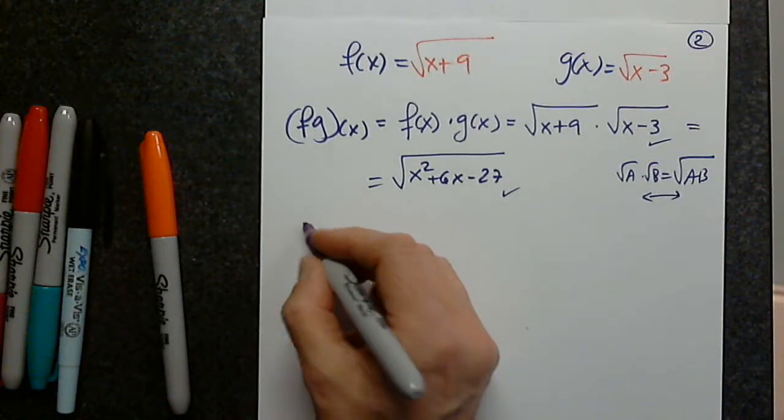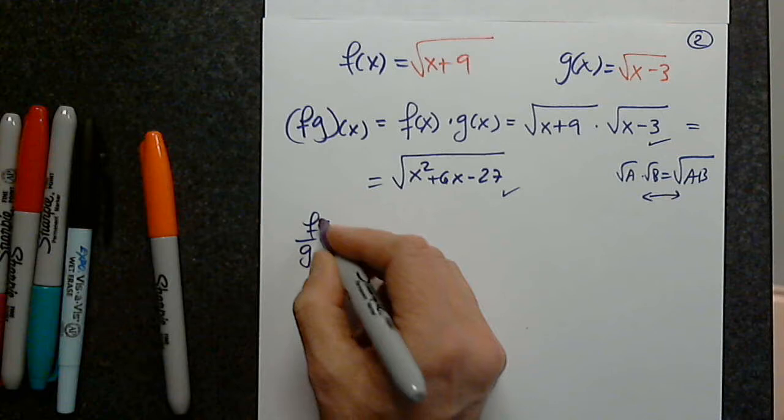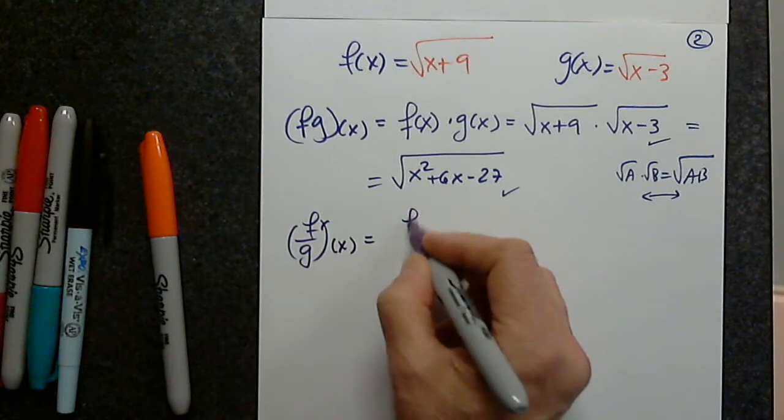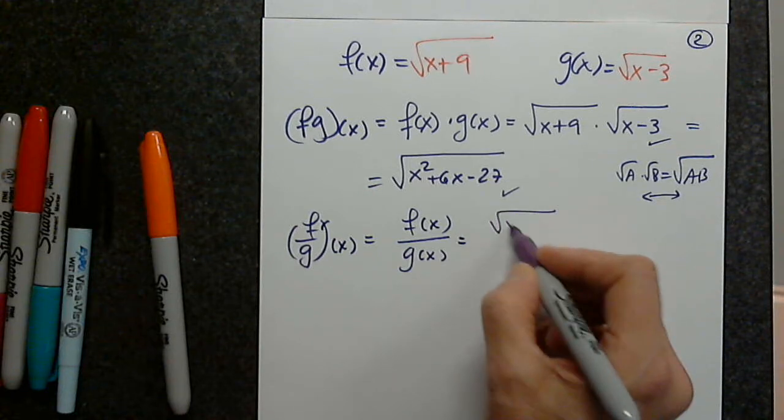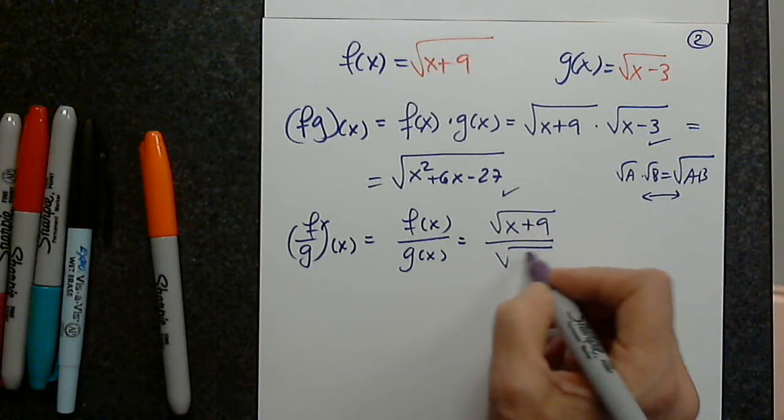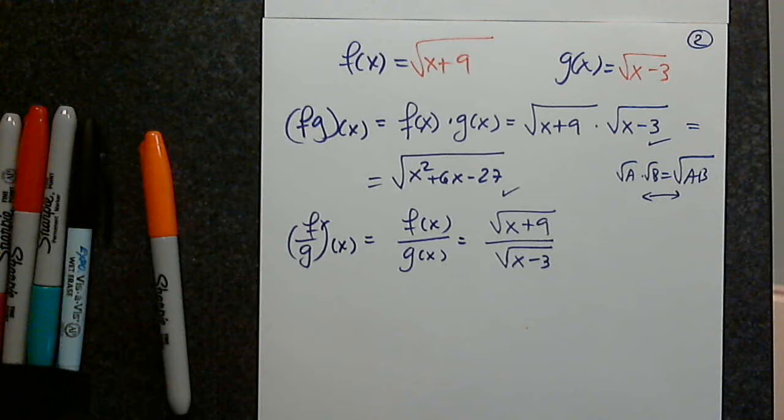The ratio, f over g of x, will be by definition f of x over g of x, and the numerator is the square root of x plus 9, the denominator is the square root of x minus 3.